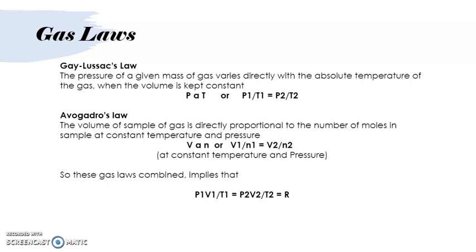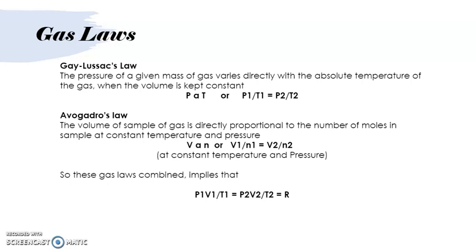Now, if you combine the gas laws, it implies that the ratio PV/T always remains constant. It is stated with the help of the equation that P1V1/T1, that is pressure, volume and temperature of a gas at a certain set of conditions, is equal to the PV/T ratio at another set of conditions.